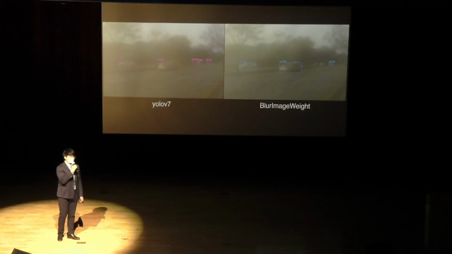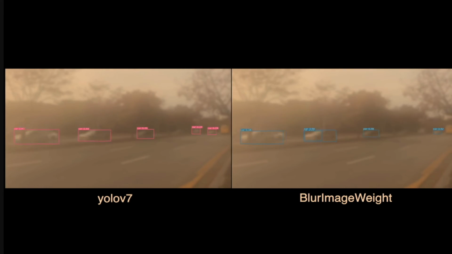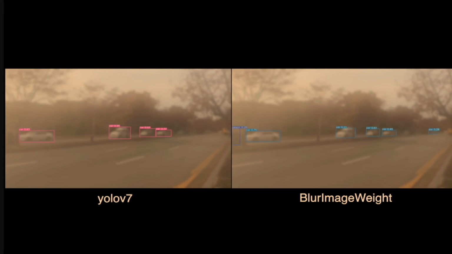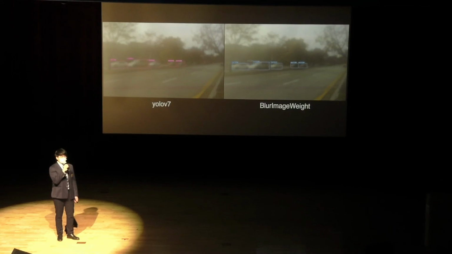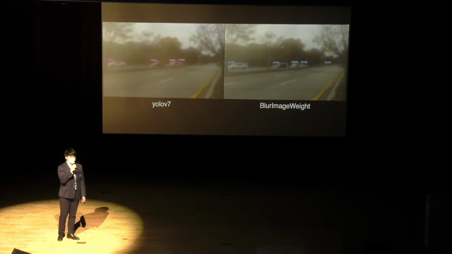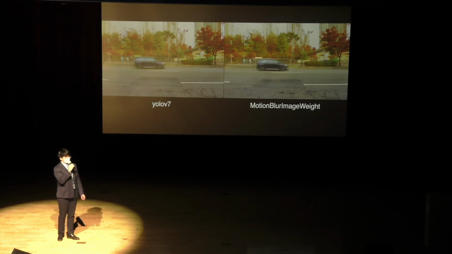Let's see the result. In the video, it's hard to compare these three weights, but I found custom weights show better performance in extreme conditions. For testing custom weight, I prepared a test dataset with Gaussian blur image and motion blur images. Here is the result.